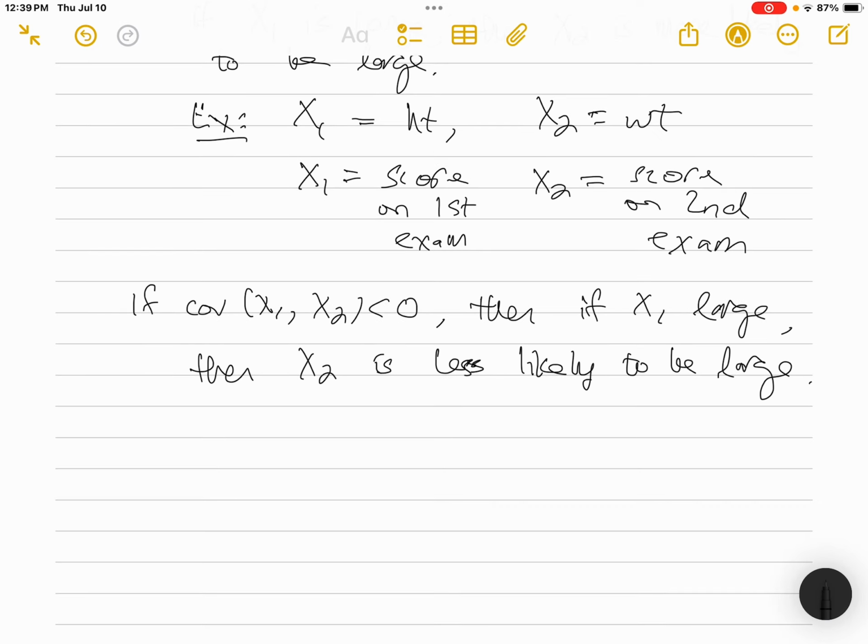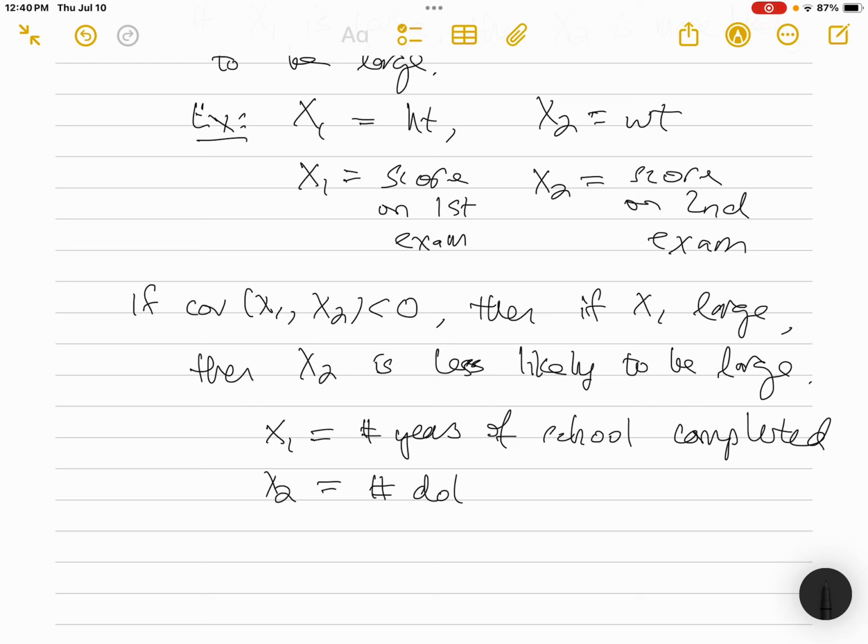So, if salary is correlated with years of education, then x1 might be the number of years of school completed, and x2 might be the number of dollars earned per year.